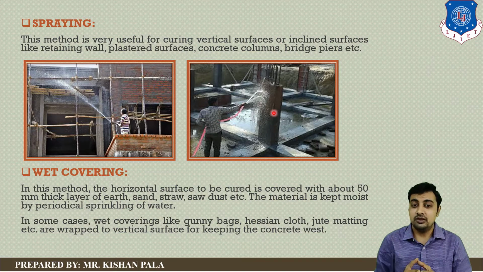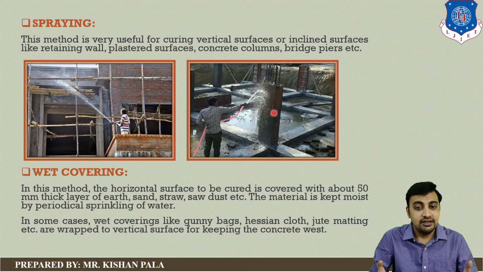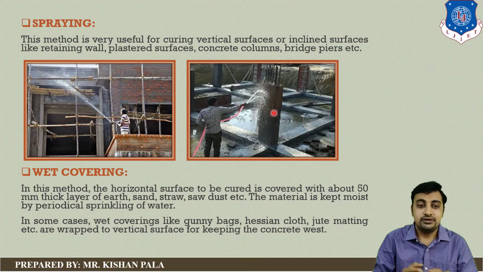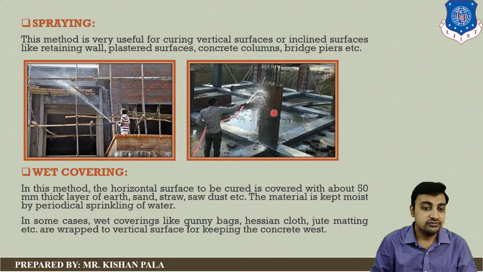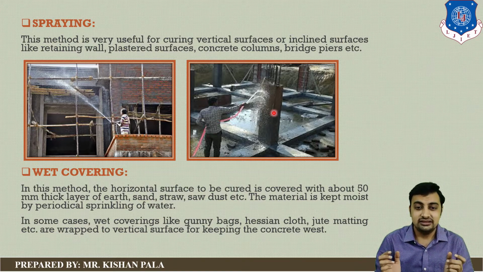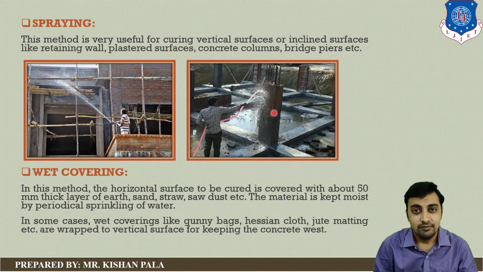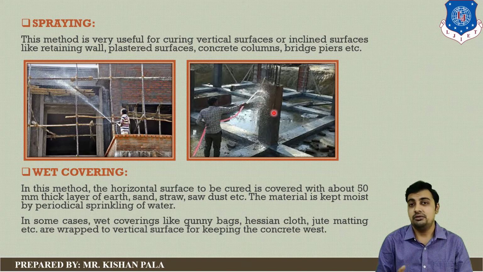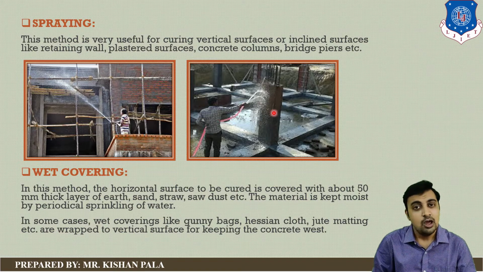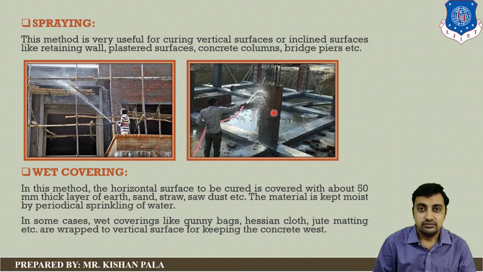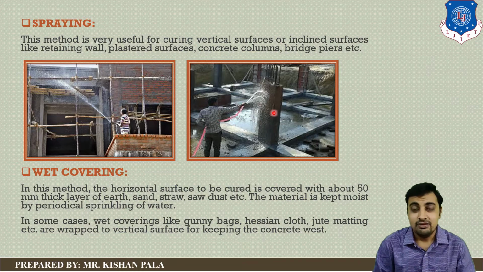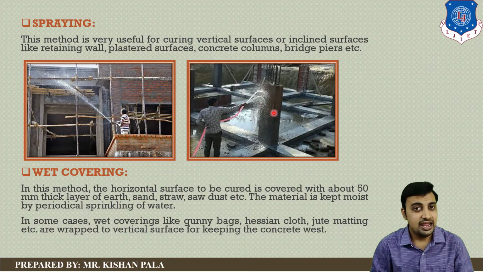In this method, the horizontal surface to be cured is covered with about 50 mm thick earth, sawdust, etc. The material is kept moist by periodical sprinkling of water. So this type of curing you can apply for the horizontal surface, and the gunny bags you can apply for the vertical or the inclined surface. So this method you can apply for vertical, horizontal, and inclined surfaces.